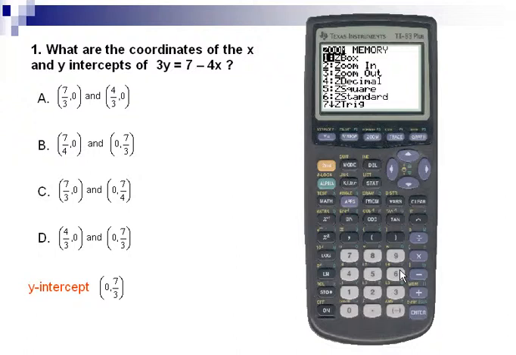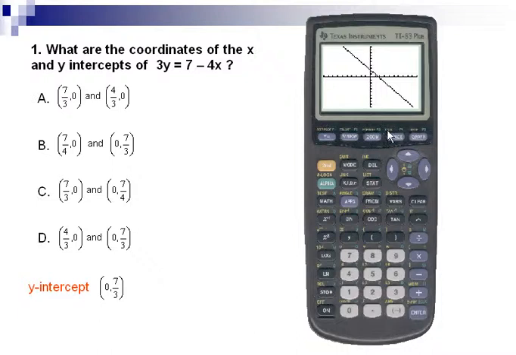Zoom 6. Now we have already found our y-intercept to be (0, 7/3). We need to locate this point, the x-intercept.